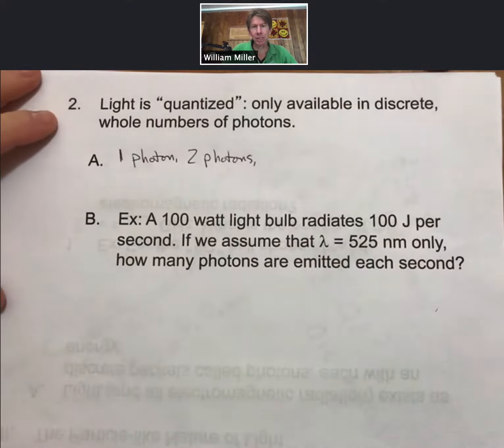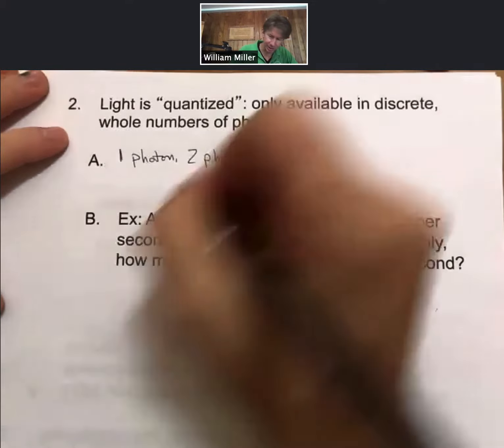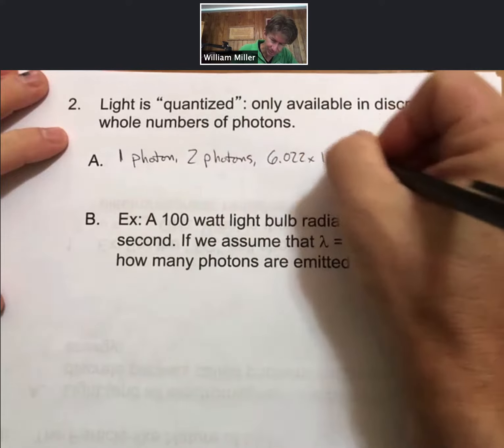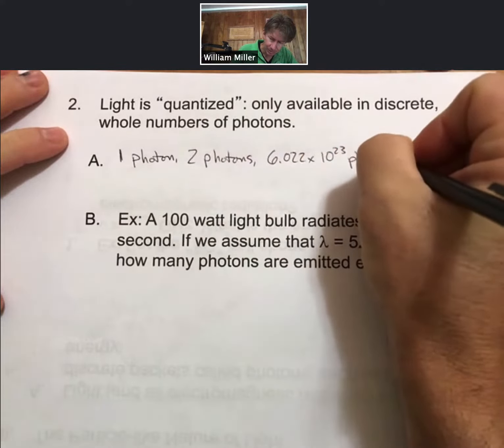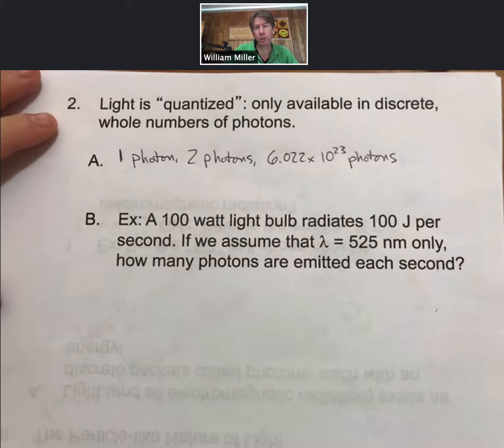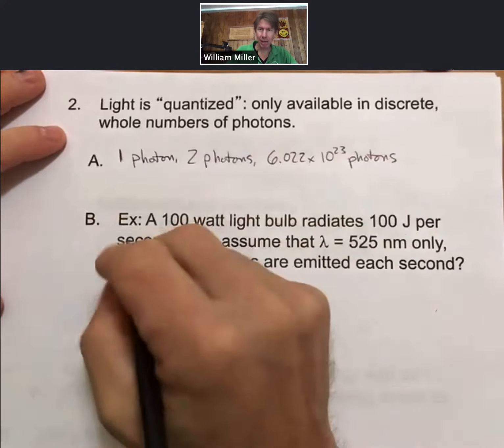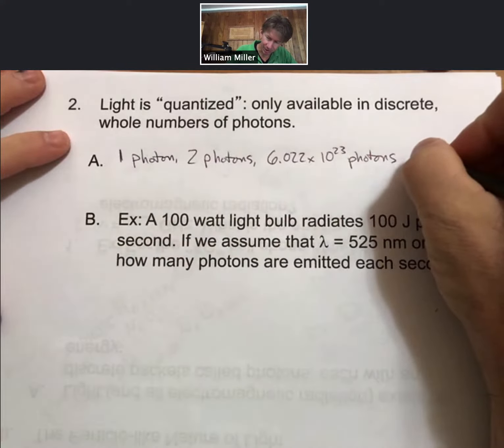And as we will see, you can have 6.022 times 10 to the 23rd photons, which of course would be 1 mole of photons, as we'll see. So 1 photon, 2 photons, a mole of photons are all possible.